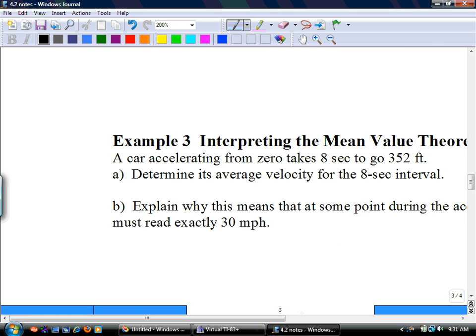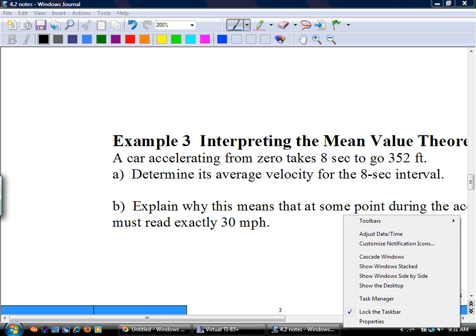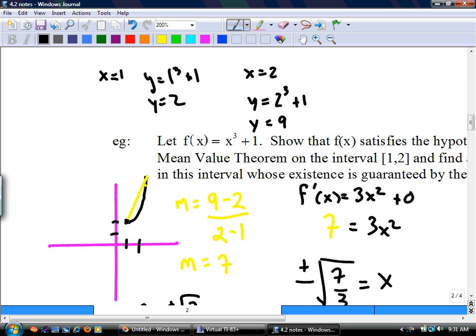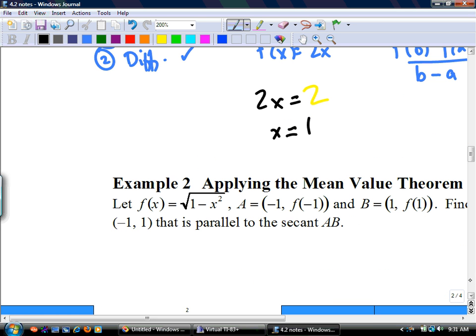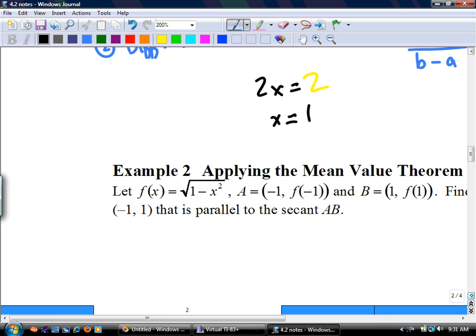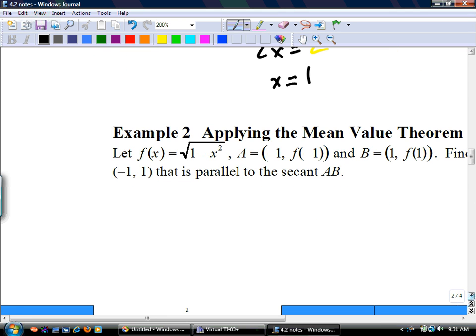So, applying the mean value theorem. We just did it. So f of x, a equals negative 1, b equals 1. Okay, so we better make sure that we're not square rooting a negative number between negative 1 and positive 1. And we're not.